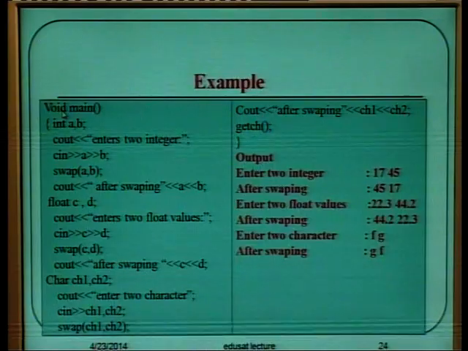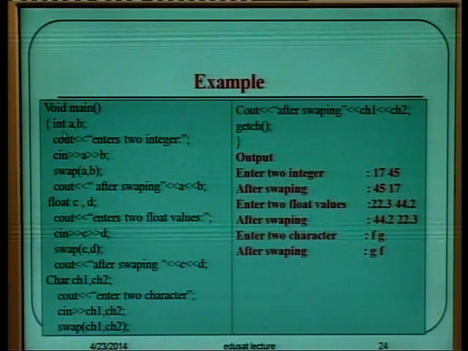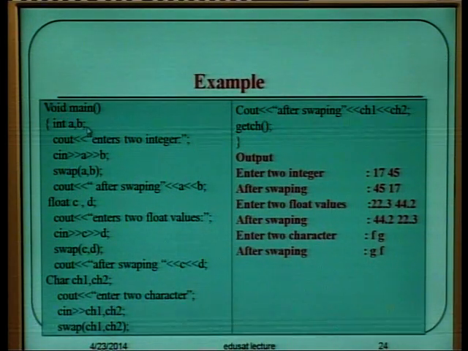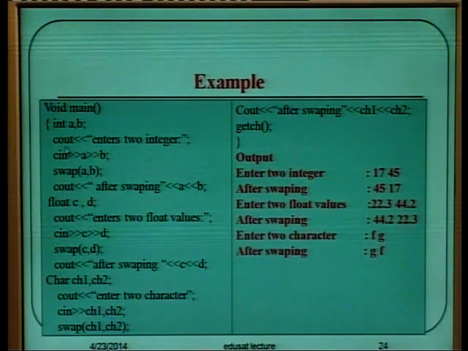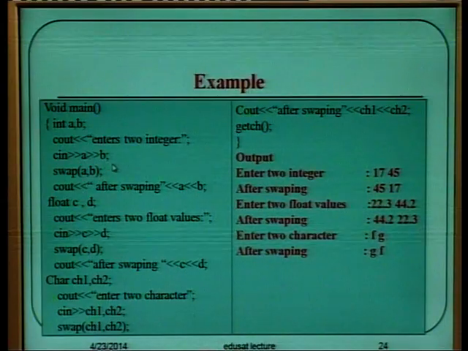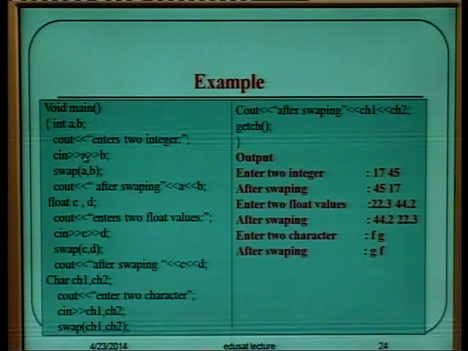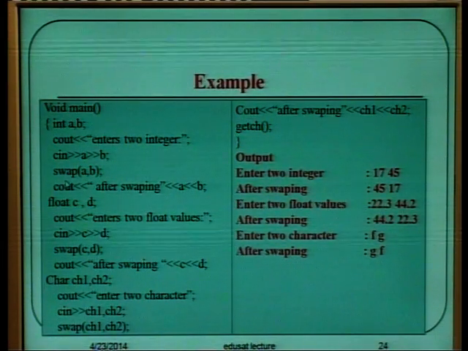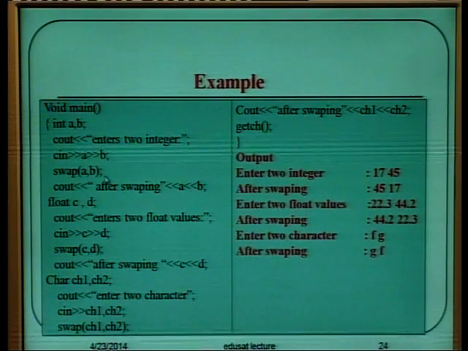Here is a simple main function. We are taking two variables a, b of integer type, and with cout we get the integer values. We store the values a and b and call the swapping function for integer values.